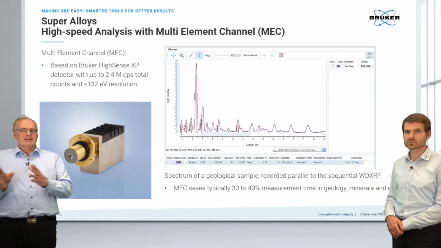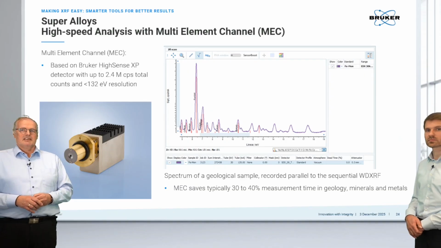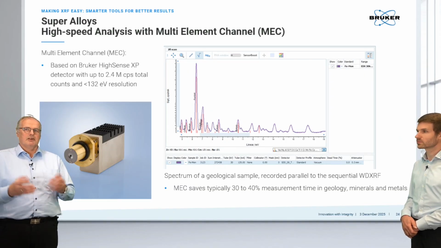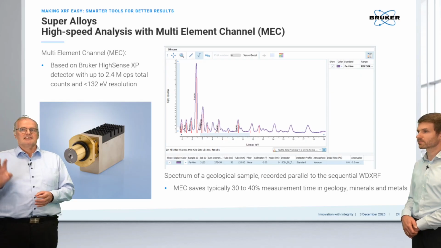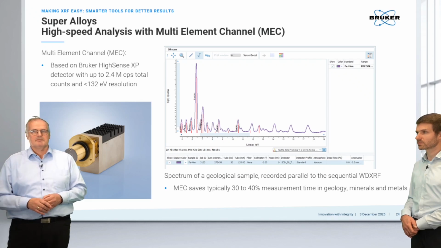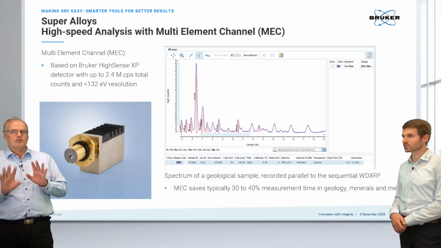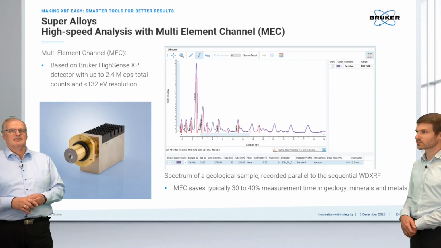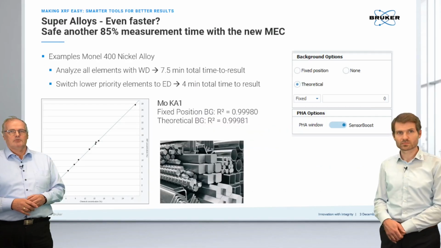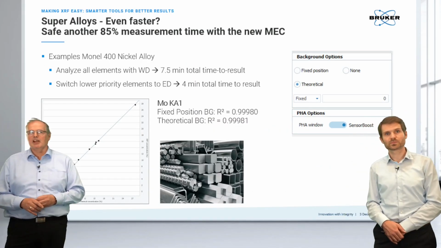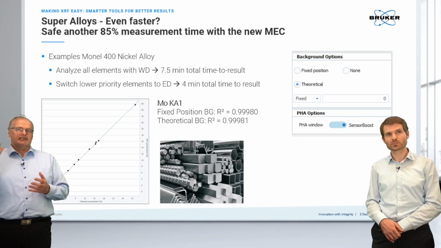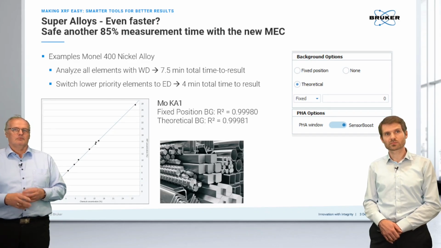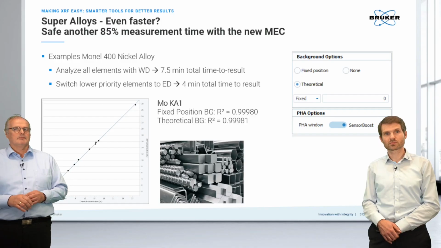While we are scanning and analyzing the elements with the sequential goniometer, we can measure the spectrum with the same excitation conditions and get a very nice energy dispersive spectrum. When we combine both in a clever way, an additional time saving is possible. One example where we have collected data is superalloys. This is a nickel alloy, and we have set up a method that analyzes in 7.5 minutes total measurement time.